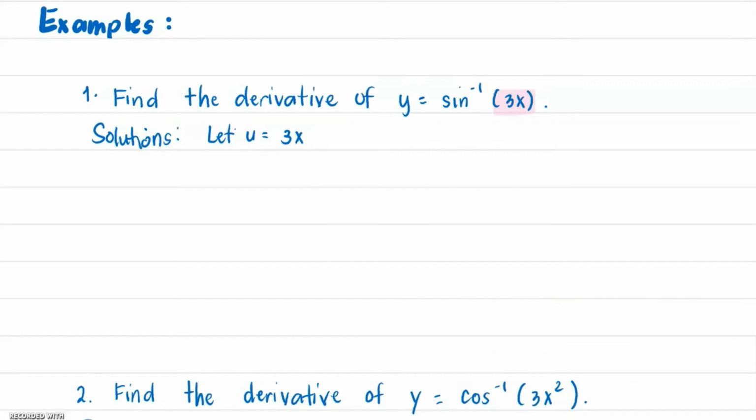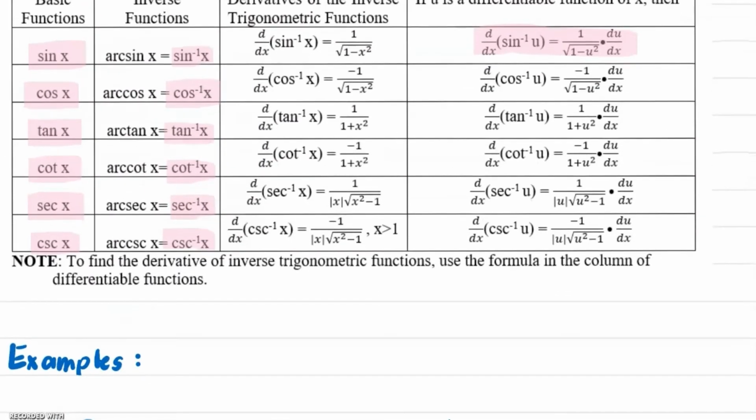We let u be equal to 3x. And now we can start solving for our derivative. So going back to our table, the derivative of arc sine u is equal to 1 over the square root of 1 minus u squared times the derivative of u with respect to x.